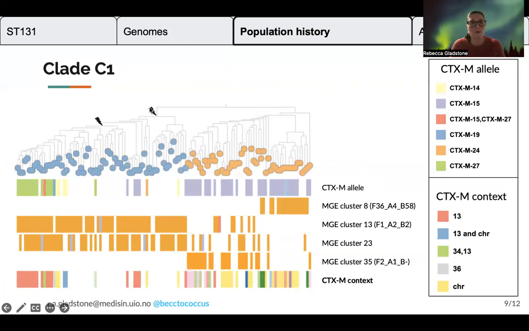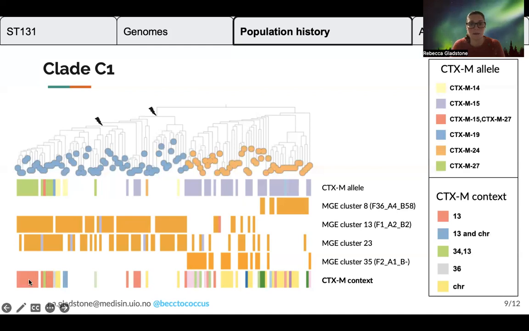With the clade overall, you can see compared to C2 that there is a difference in plasmid content, that cluster 13 and 23 are both common in clade C1, which might be associated with the expansion. With regards to the other expansion, there's no clear structure in either plasmid content or AMR content that differs it from the rest of clade C1.